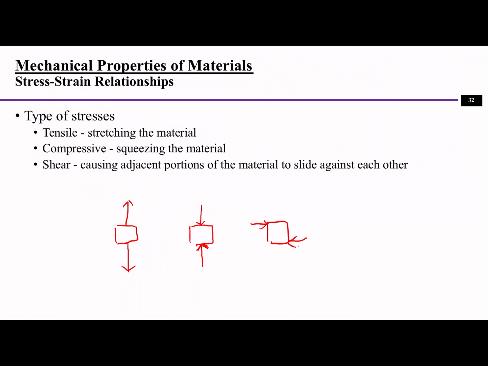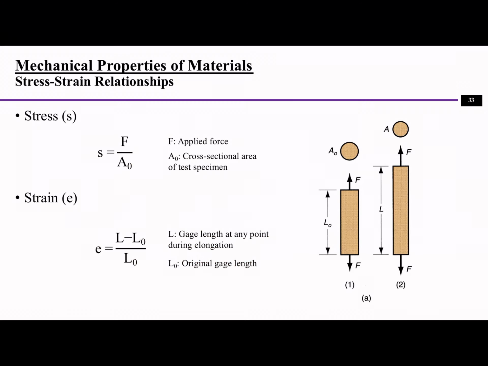You usually call it squeezing the material. Another one is shear stress. Shear stress means more like this example. It causes adjacent portions of the material to slide against each other. So there are the three types of stresses on materials.